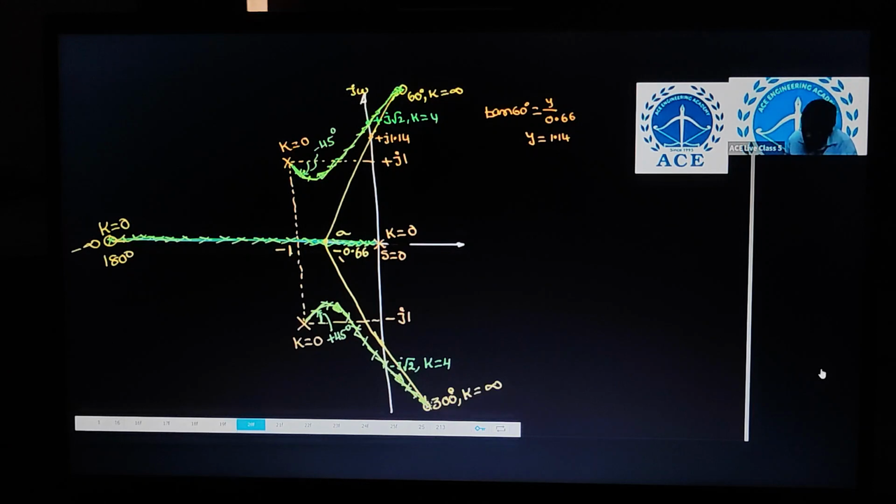That means all the poles reach all the zeros, and the root locus diagram is symmetrical about the real axis. This is the root locus.